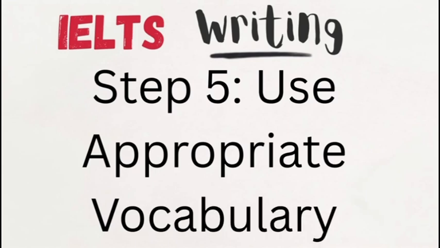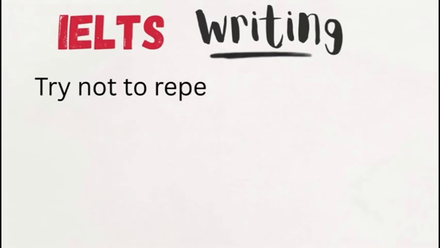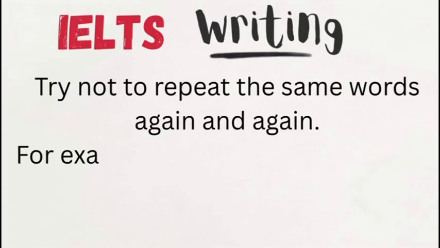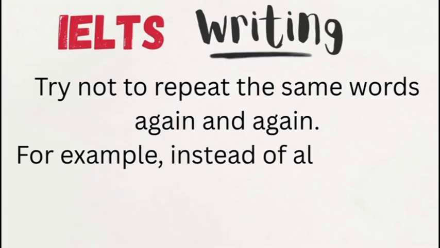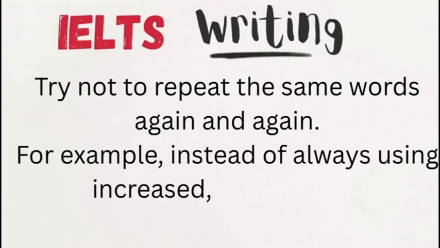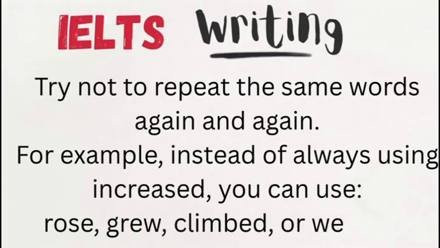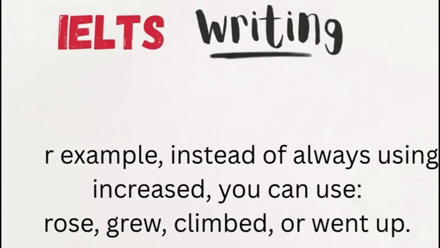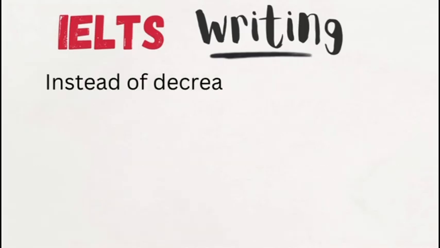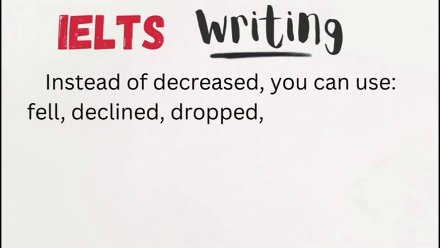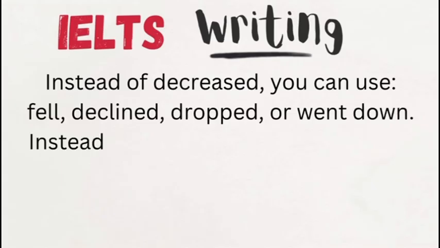Step 5. Use appropriate vocabulary. Try not to repeat the same words again and again. For example, instead of always using increased, you can use rose, grew, climbed, or went up. Instead of decreased, you can use fell, declined, dropped, or went down.